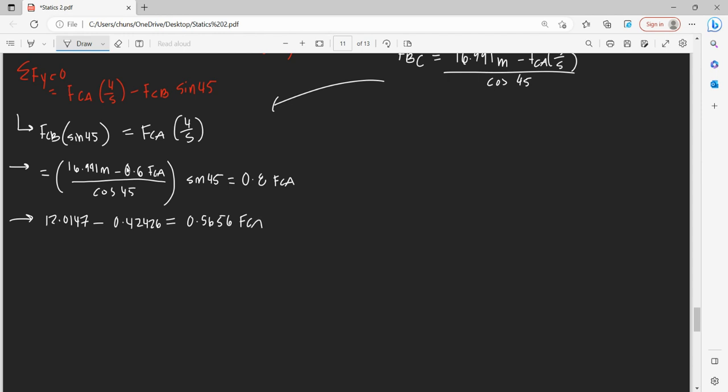0.5656 FCA. I forgot to put FCA over here. So then we move that around.